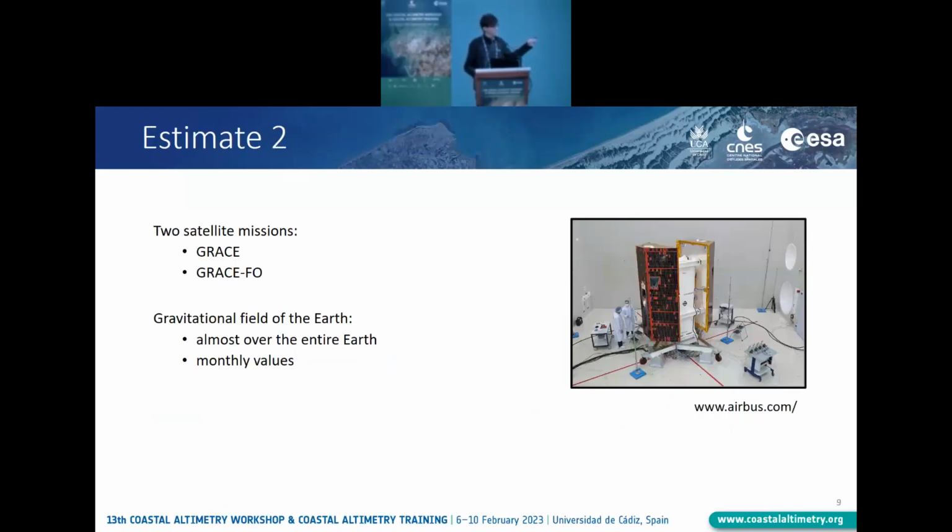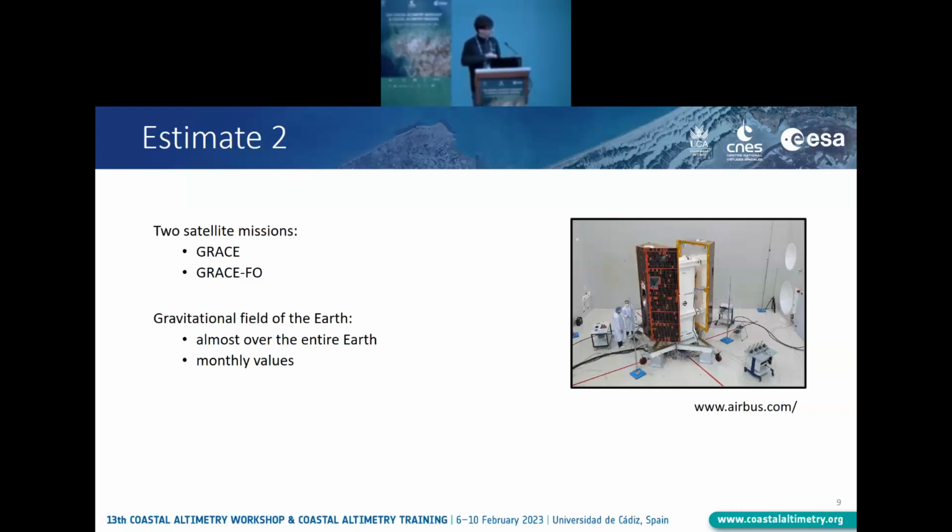When it comes to the second estimate, we use the GRACE and GRACE follow-on data. GRACE and GRACE follow-on are two satellite gravimetry missions. GRACE was operative between 2002 and 2017, whereas GRACE follow-on has been operative since 2018.